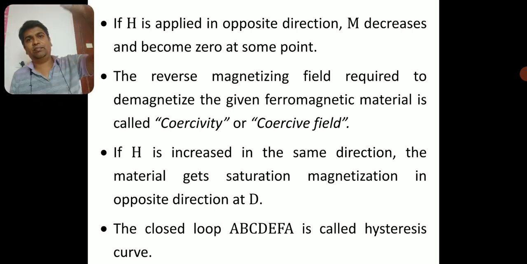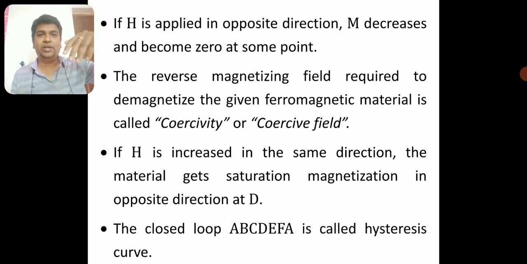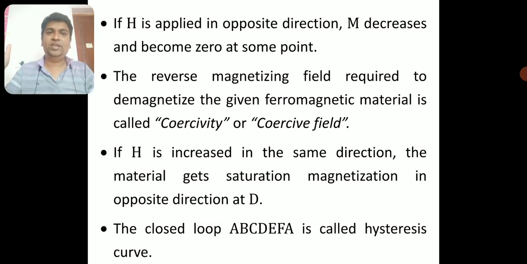First it attained saturation magnetization in the positive direction, but now if I further increase the magnetizing force in the negative direction, it attains saturation magnetization in the opposite direction. This is shown at point D in the graph. And this closed loop A, B, C, D, E, F, A is called the hysteresis curve.